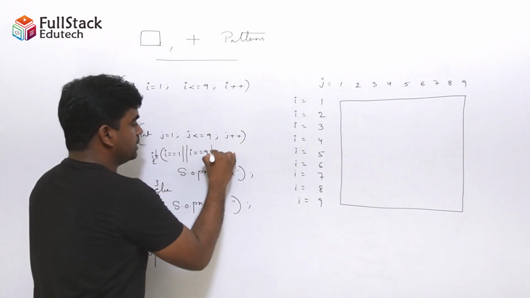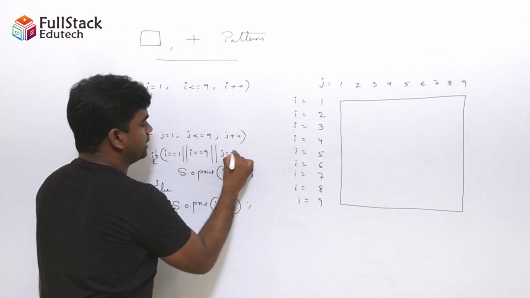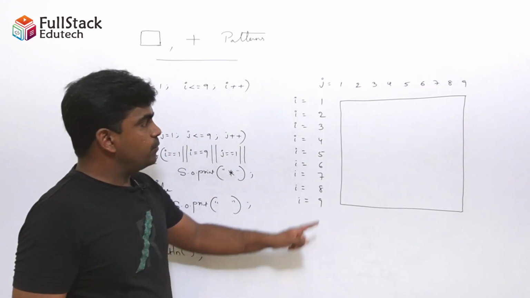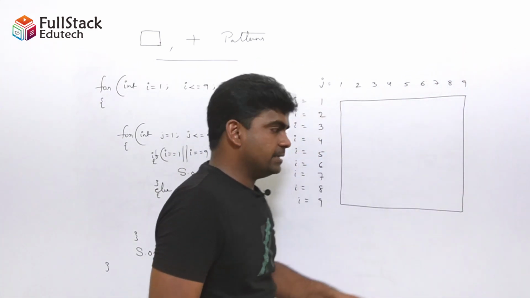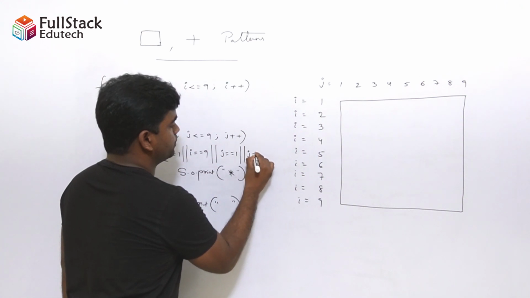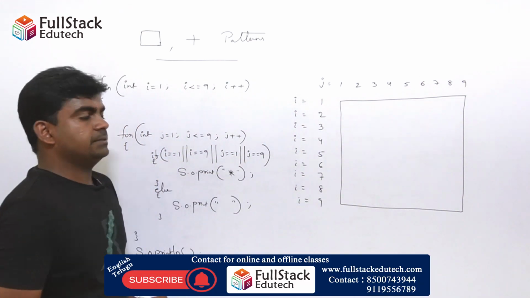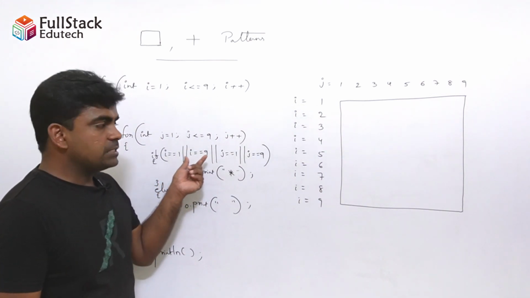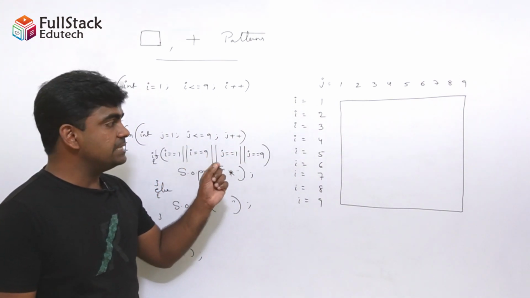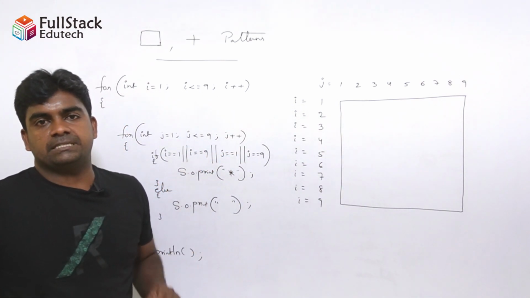So, or j equals 1. Or j equals 9. So, 4 conditions representing 2 rows and 2 columns. This is the simple way of representing.